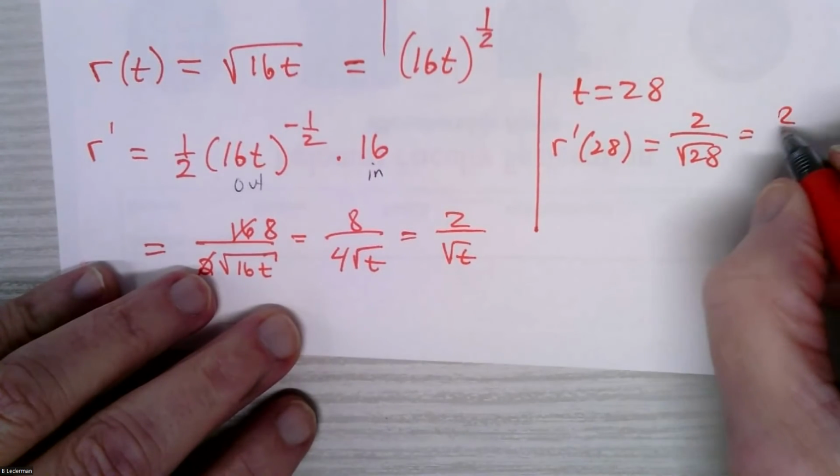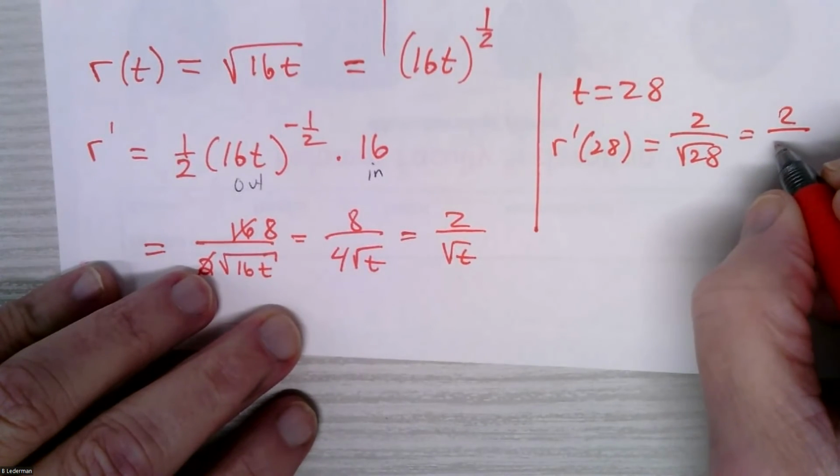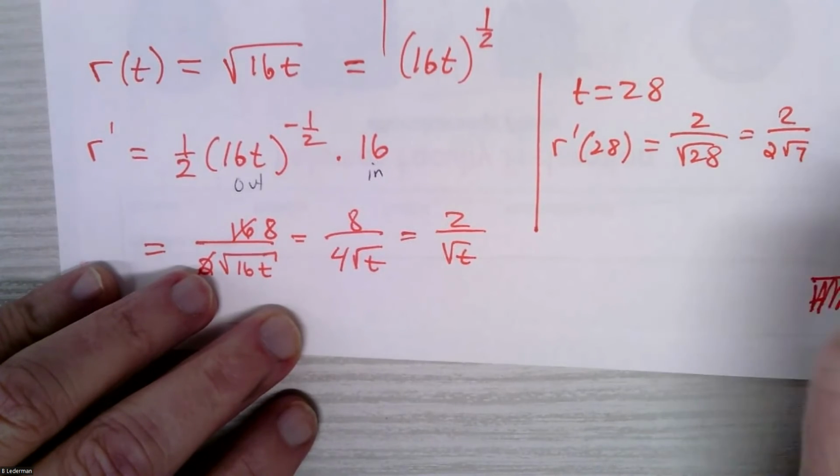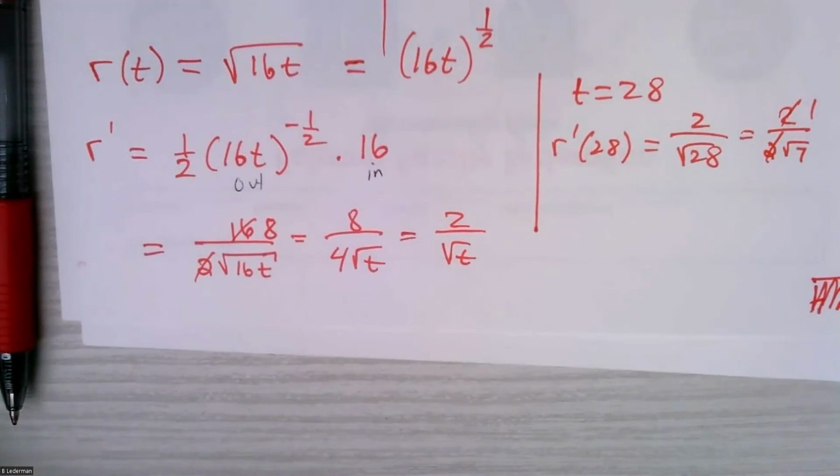Because this is 2 over 2 radical 7, so it's 1 over radical 7. All I have to do is go to a calculator and figure out the square root of 7, and then the reciprocal of that. Let's see how many decimal places we got here.